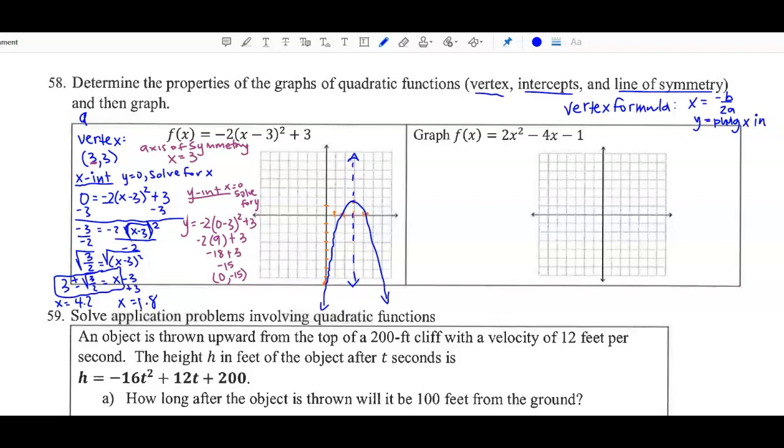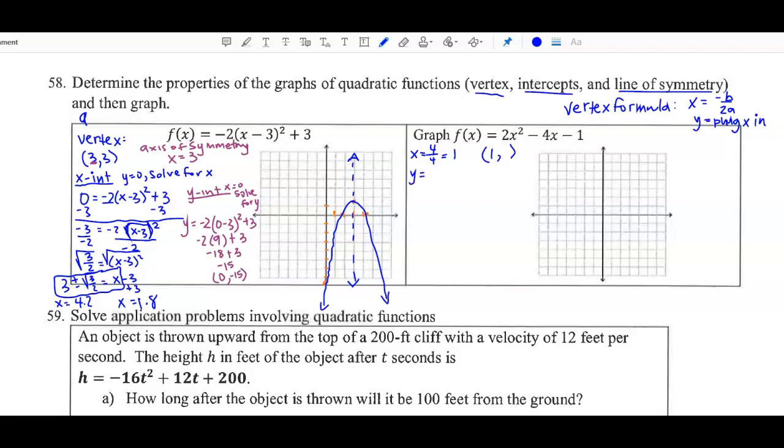So to find our vertex, our x is going to be -b, so +4, over 2a, so 2 times 2, which is 4. And so the x coordinate of my vertex is going to be 1. And then I need to plug 1 in place of x to figure out what my y is.